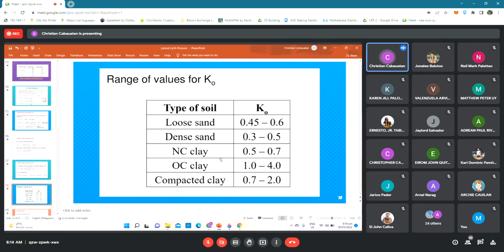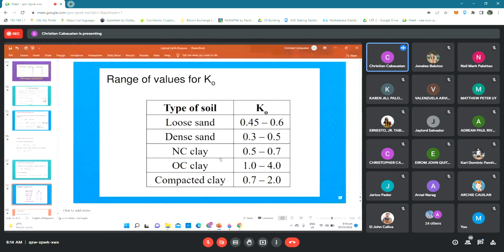And in over-consolidated clay, it is from 1.0 to 4.0. And for compacted clay, it is 0.7 to 2. The coefficient of lateral pressure has no unit.